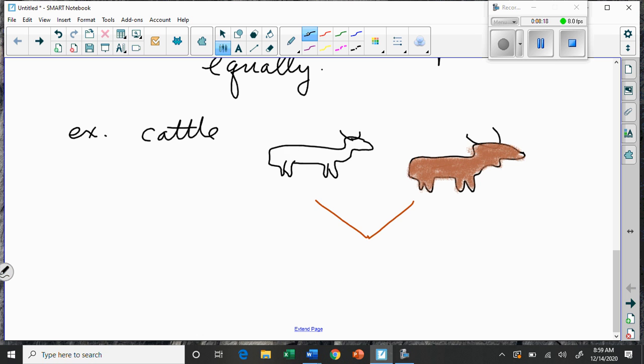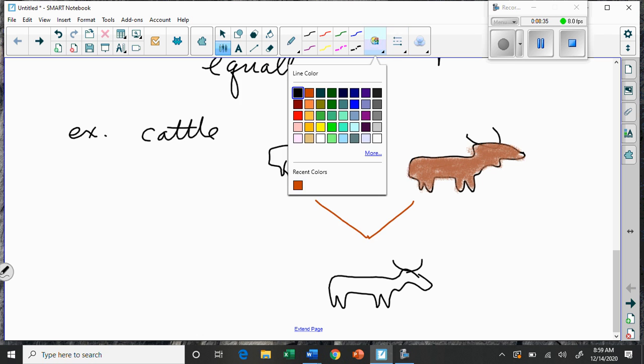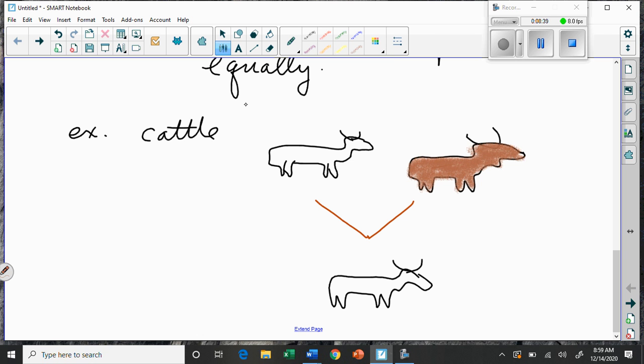Let's go back to black for a second. You get a cow. Here's our cow. And the cow is what we call roan. It's got black and white sort of all over the place. Patches of white, patches of black. If I were to try to color this roan, it would be a dark area here, a white area there.